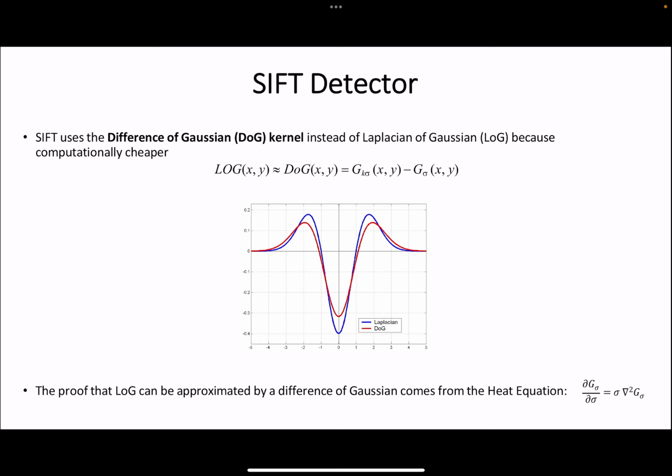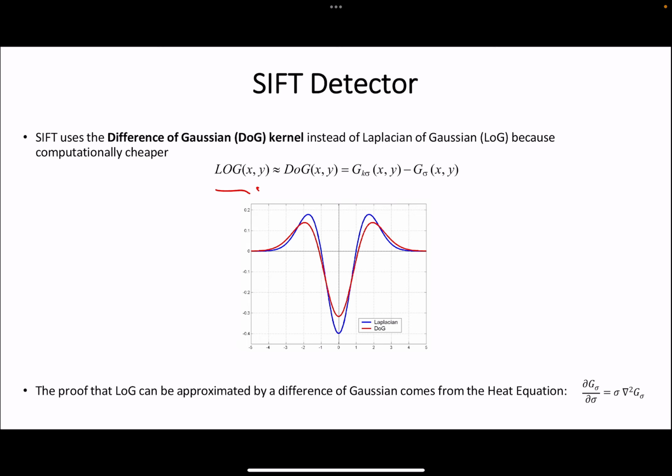And in last class, we used Laplacian of Gaussian, right? But it turns out the Laplacian of Gaussian is too computationally expensive. So instead of using Laplacian of Gaussian, SIFT uses difference of Gaussian. Difference of Gaussian, just from its name, we can know it is a difference of Gaussians.